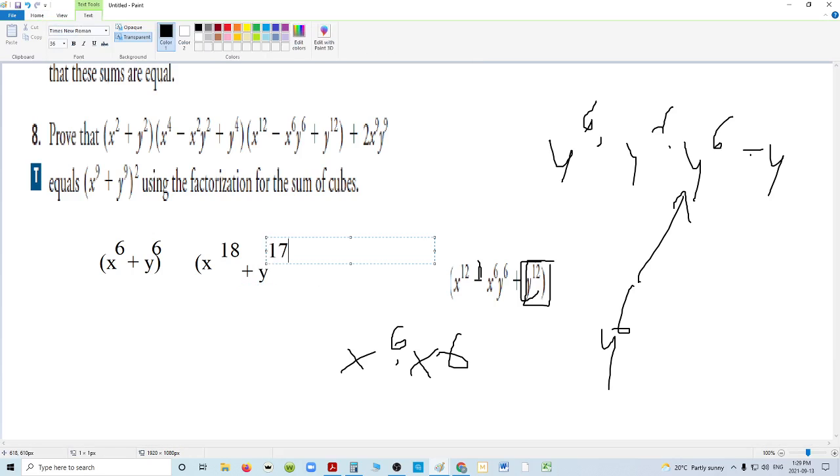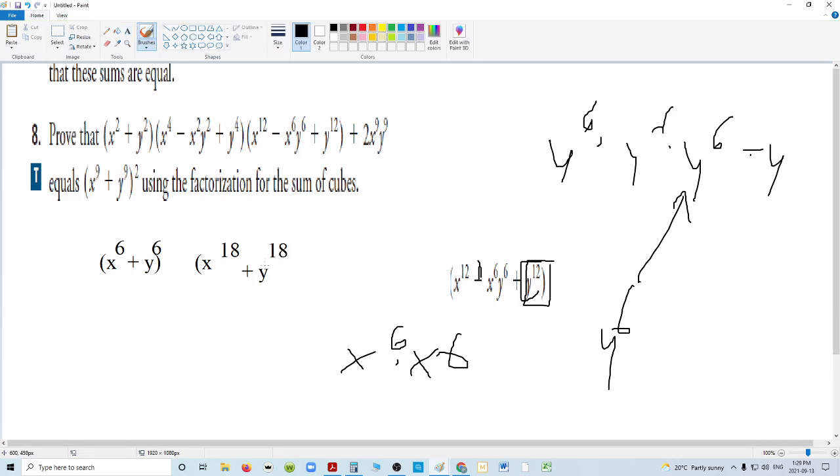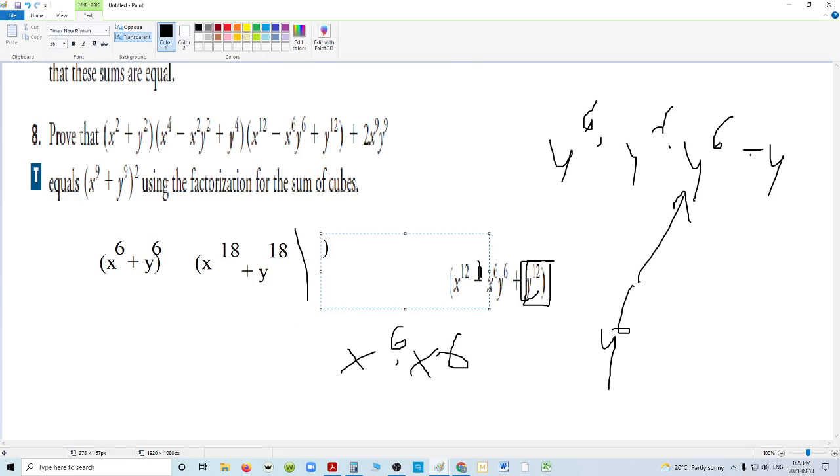Except that's not the complete cube root of this thing. I'm missing, in this part here, the base root, which we figured out was x to the 6 plus y to the 6.